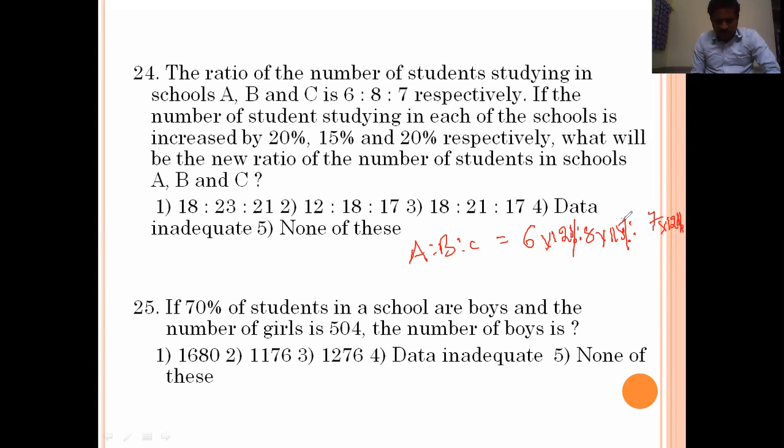In all these three, cancel the percentage. Now here 120, 115, 120. 5 twos are 10, 5 fours are 20. 5 twos are 10, 5 threes are 15. 5 twos are 10, 5 fours are 20.